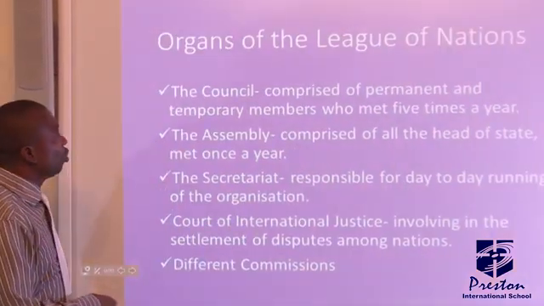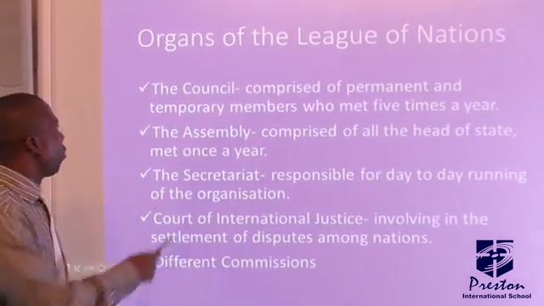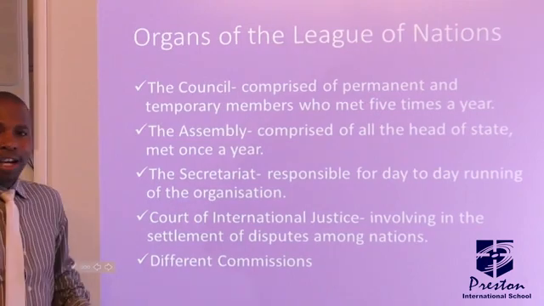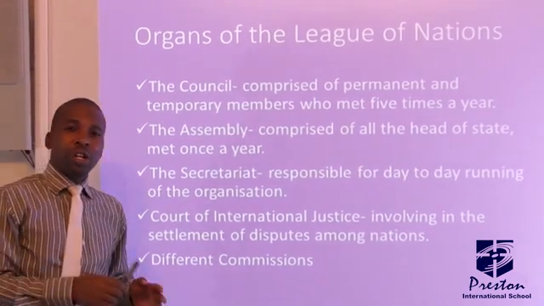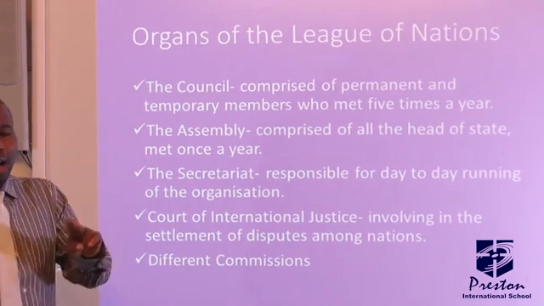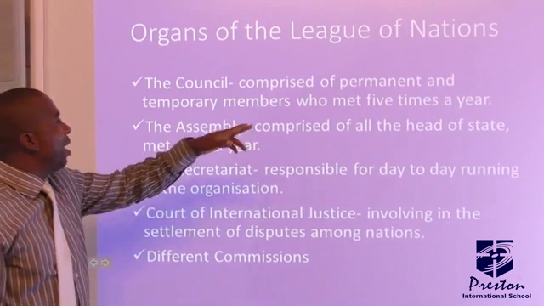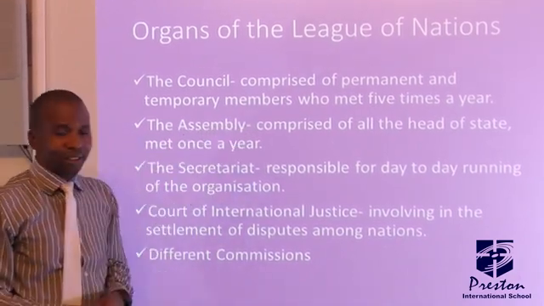All right, let's go to the organs of the League of Nations. Number 1 organ, we have the Council. The Council, in the United Nations, we call it the Security Council. The Council comprises 2 major bodies: the permanent and the temporary members.